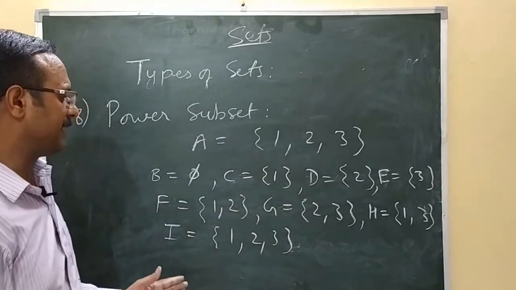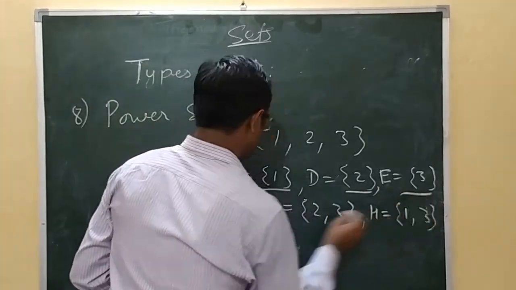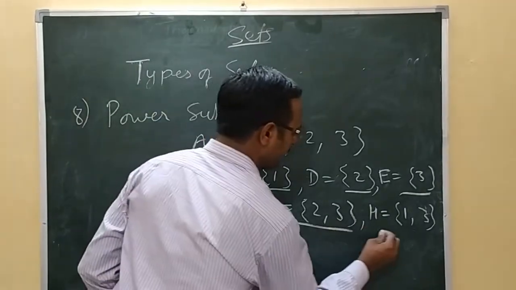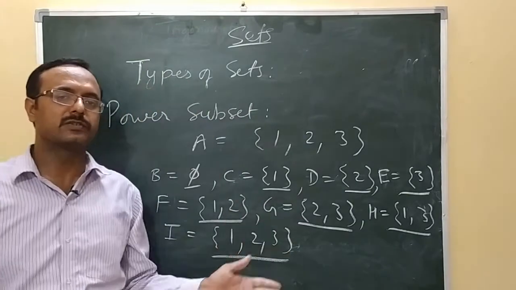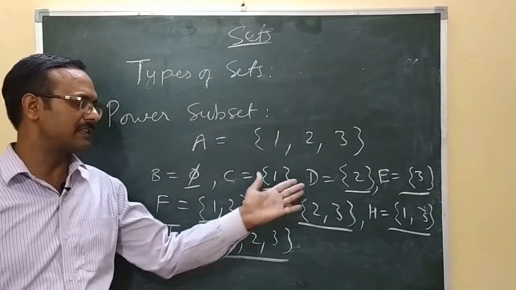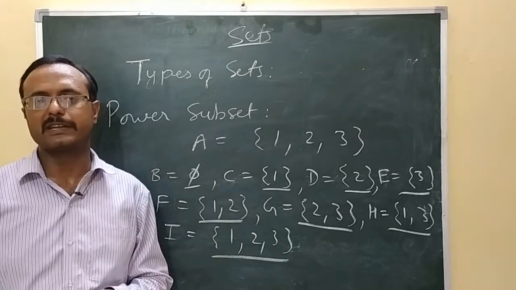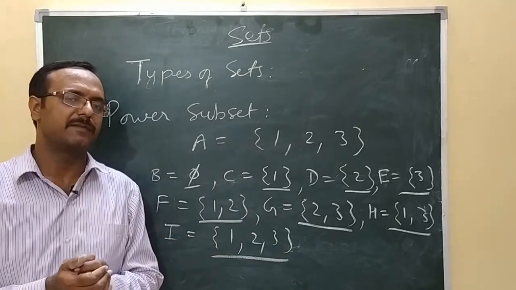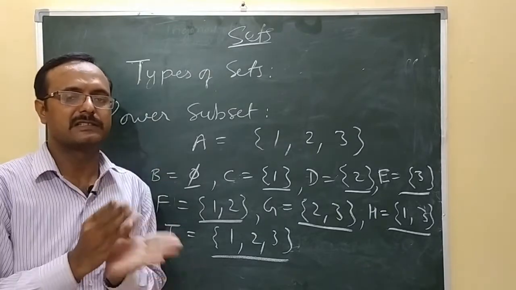Now, if I take all these sets as the elements of a new set, remember we were taking elements as small letters a, b, c, but this time we are going to take elements as sets.